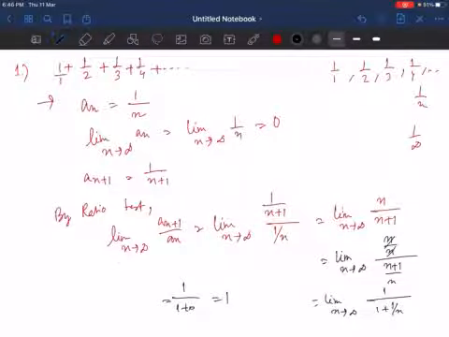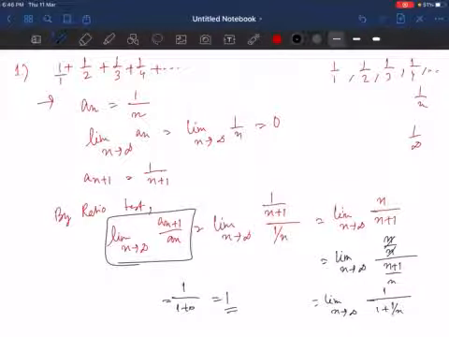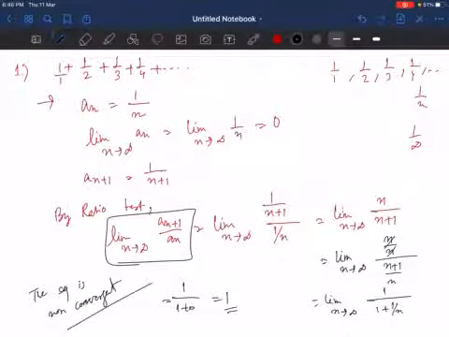Now since the ratio test value gives us 1, we can say that the sequence is not convergent, or divergent. It's not convergent because by the ratio test the value is equal to 1. So this is how we do it.